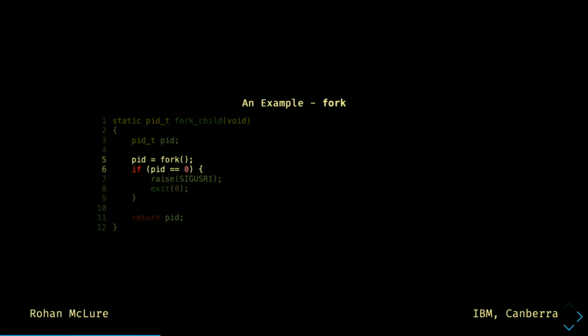That is, it duplicates its memory mappings, and it keeps the same instruction pointer in the resultant thread. And so when the threads wake up, they both resume execution after the call site, and you'll notice that we take a return value, PID. That's our process ID. It's 0 if we're Frankenstein's monster. It's the name of Frankenstein's monster otherwise. And you branch on that condition. Figure out whether I am the child thread or the parent.